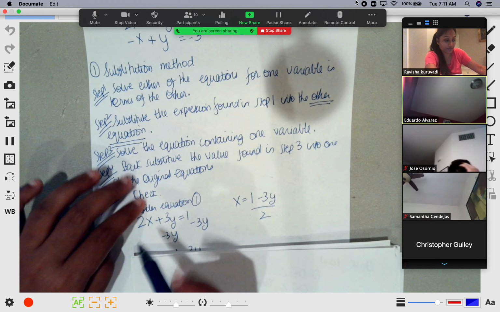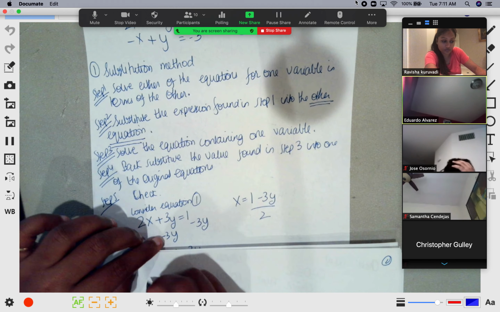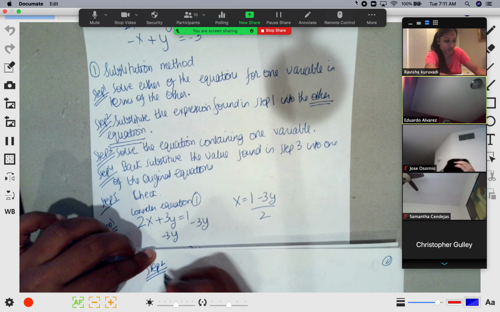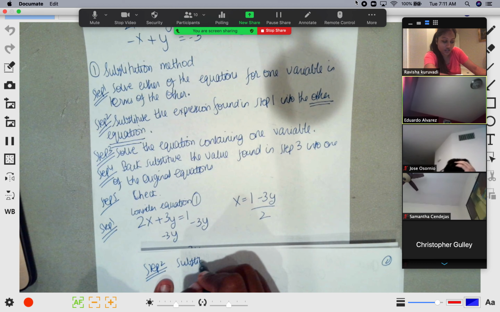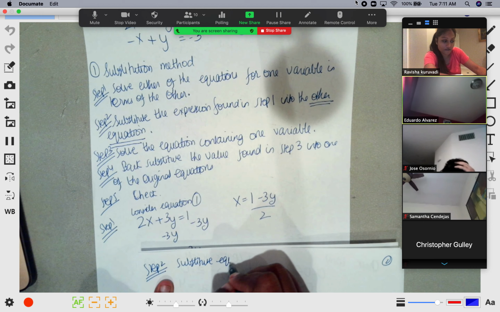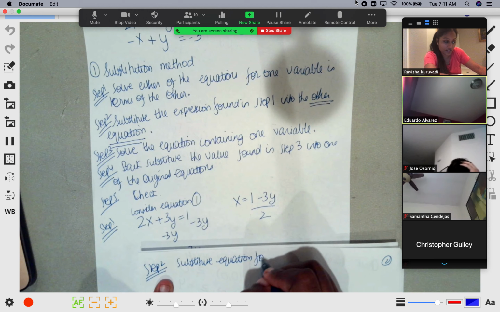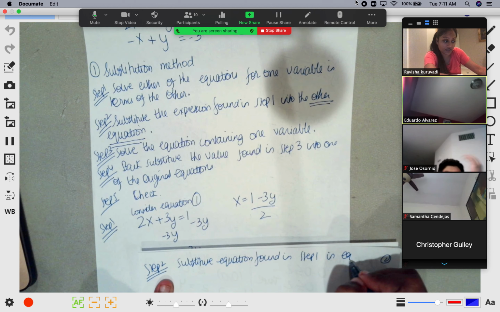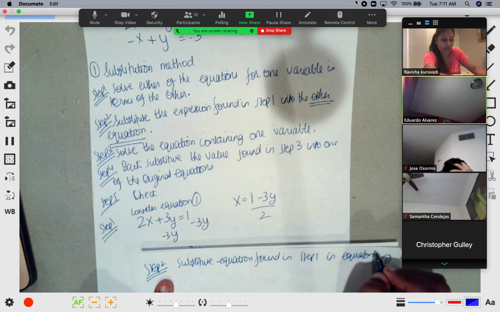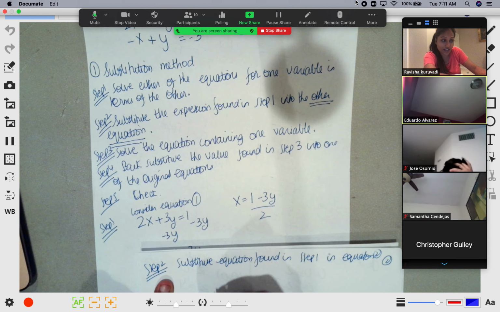So basically, step 2: substitute the expression found in step 1 into equation 2, because I considered equation 1. I have minus x plus y is equal to negative 3.